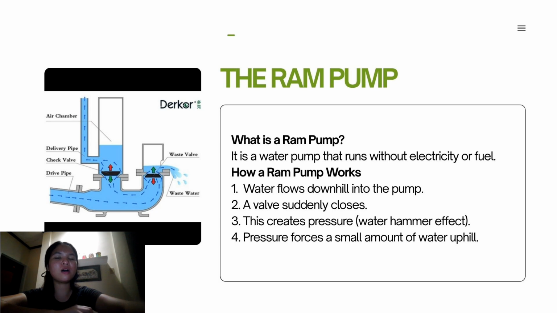And then, how does a ram pump work? So, water flows downhill into the pump, and then a valve suddenly closes, and this creates pressure, a water hammer effect. Then, pressure forces a small amount of water uphill.